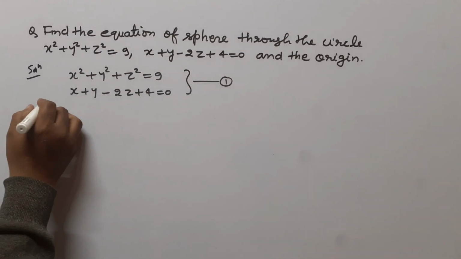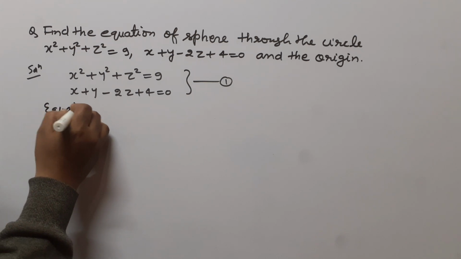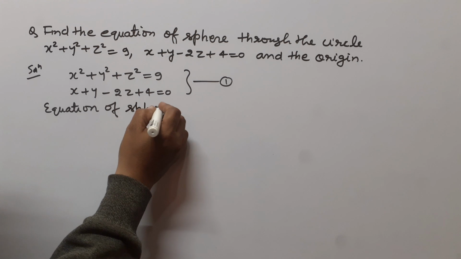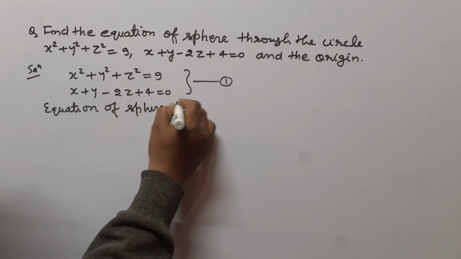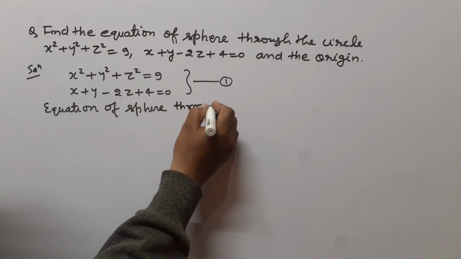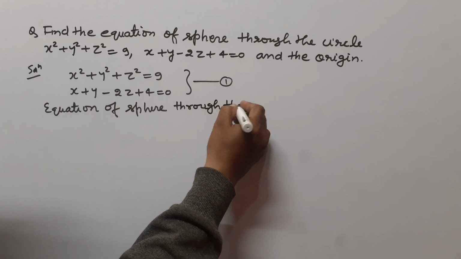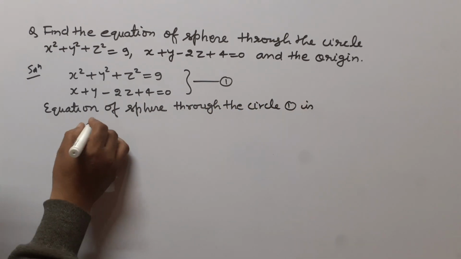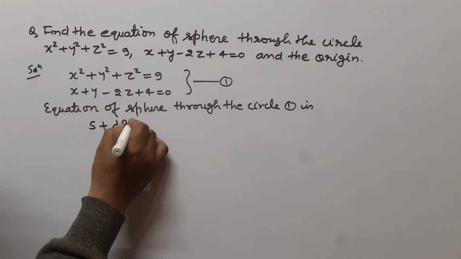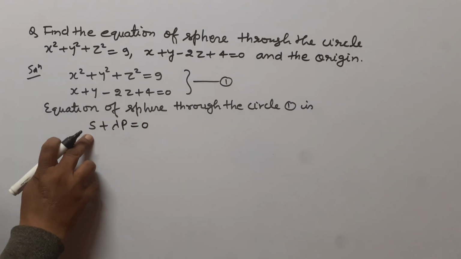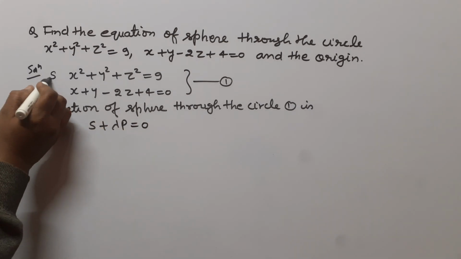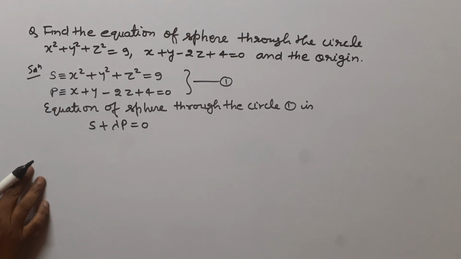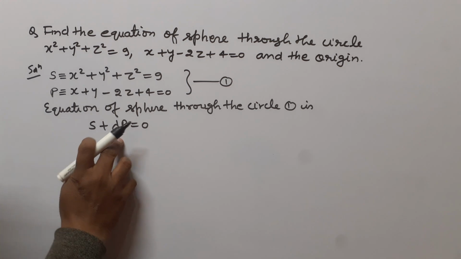So now we write the equation of a sphere through the circle 1 as S plus lambda P is equal to 0. Here S is the equation of the sphere and P is the equation of the plane, and lambda is a constant.